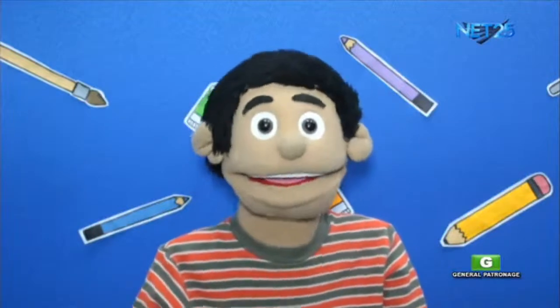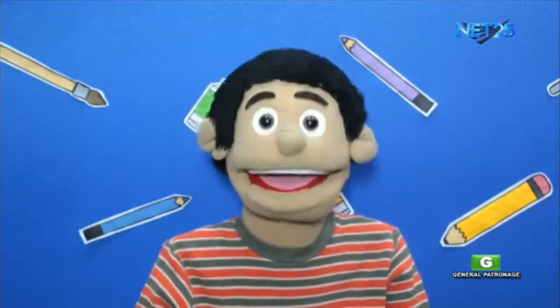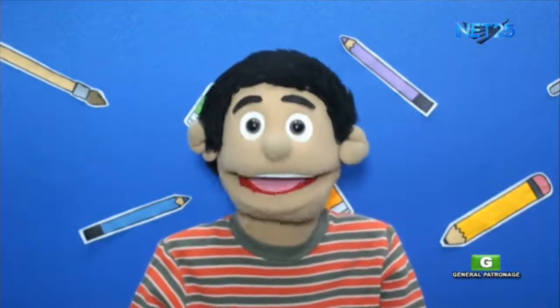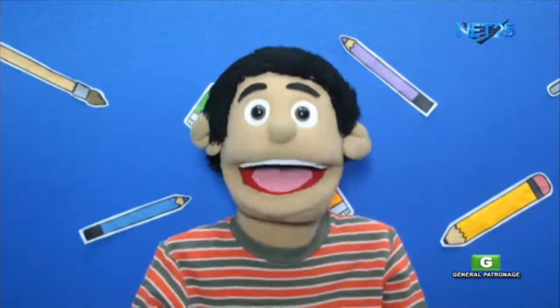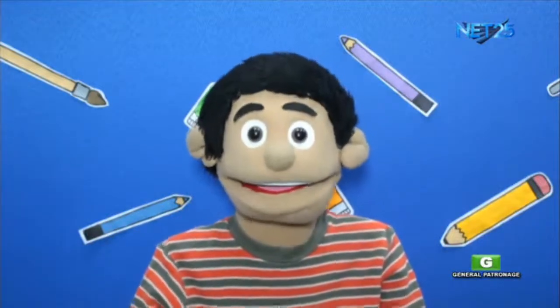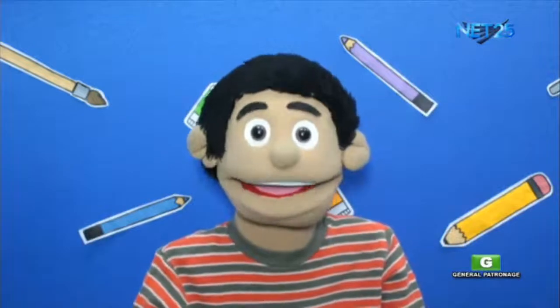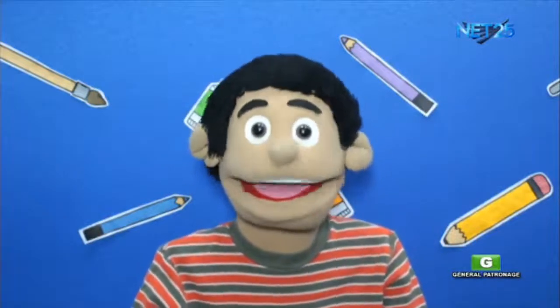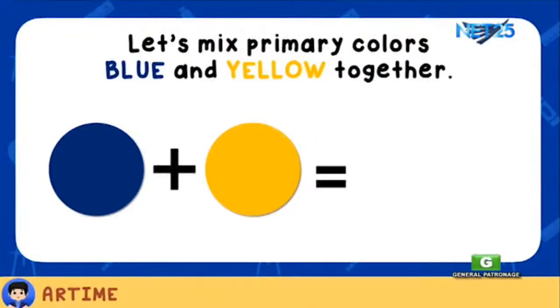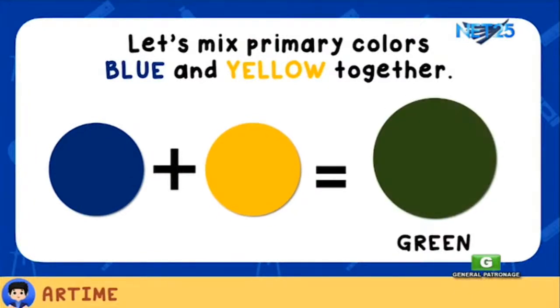Green is another secondary color. What primary colors can we mix to make green? Let's mix the primary colors blue and yellow together. Blue plus yellow equals green.